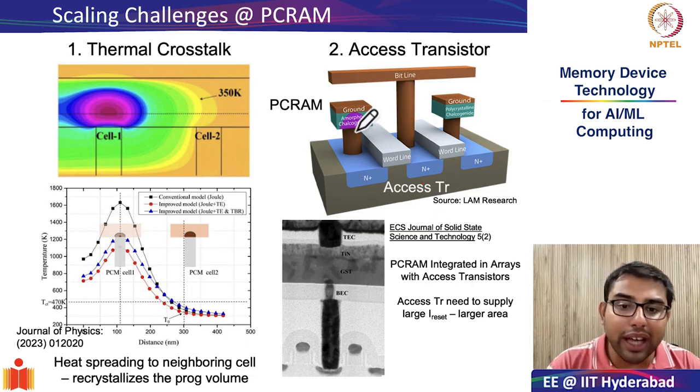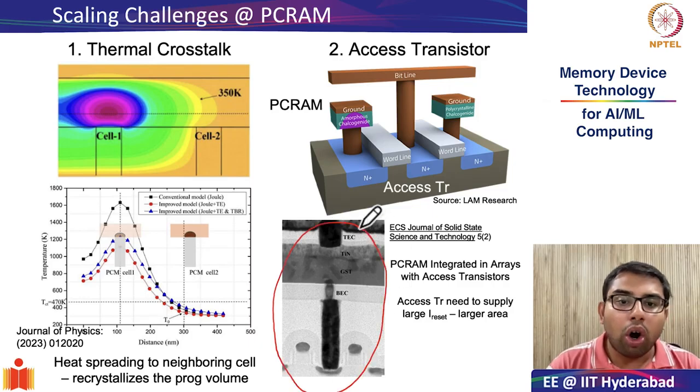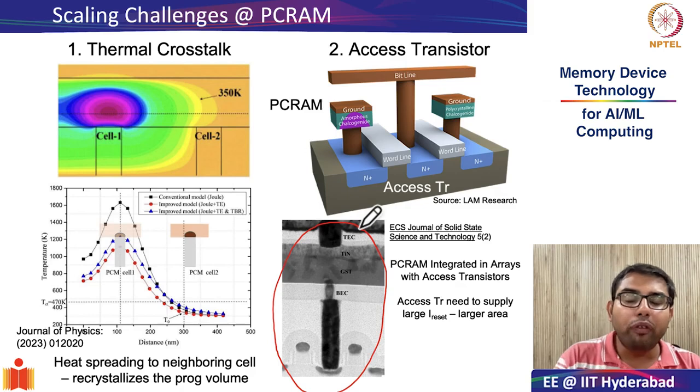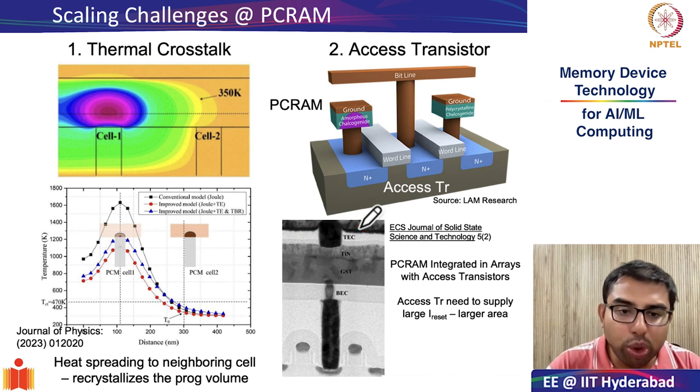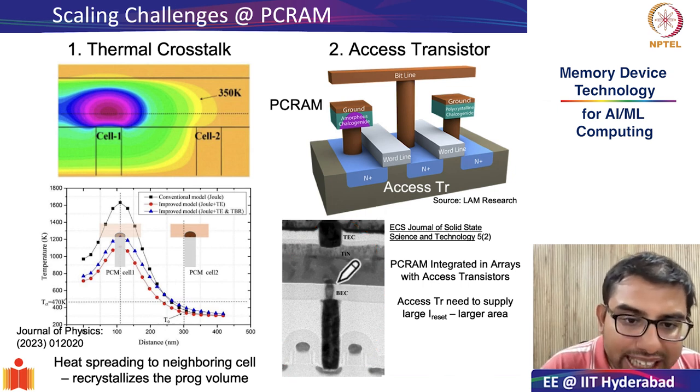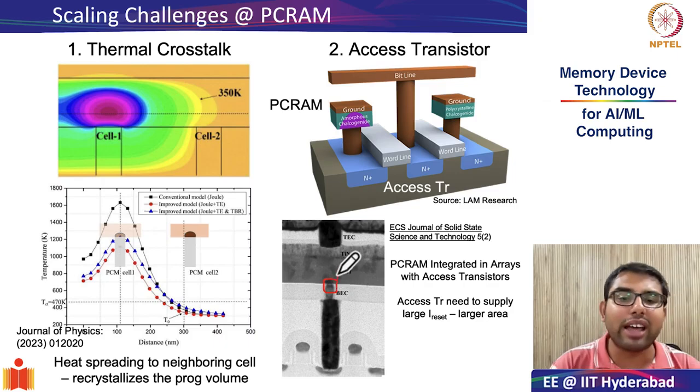This is very evident in this particular diagram, which is a cross-sectional transmission electron microscope image of PC RAM integrated in 1T1R configuration. As you can see, the actual GST material contact with the bottom electrode is very, very tiny.